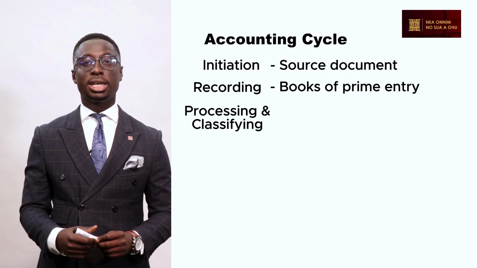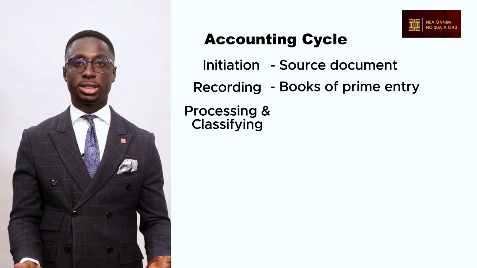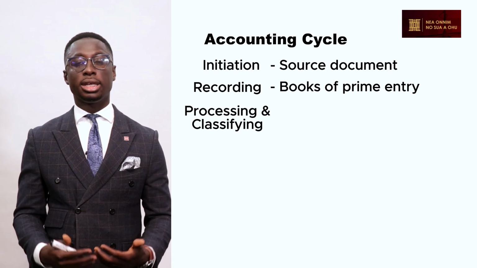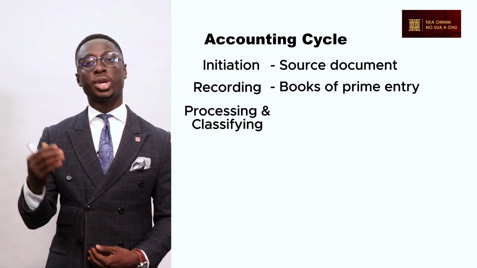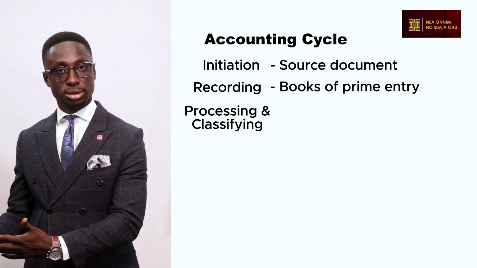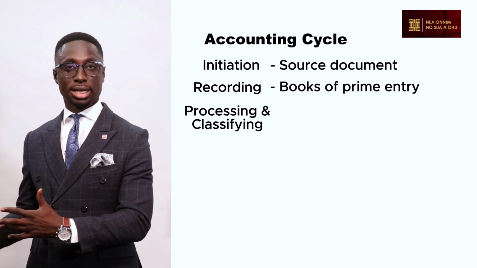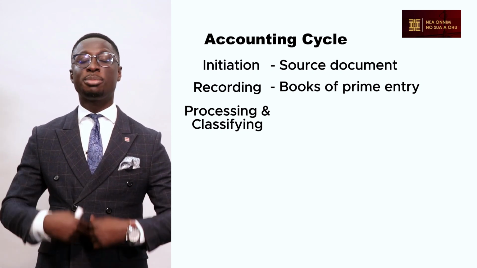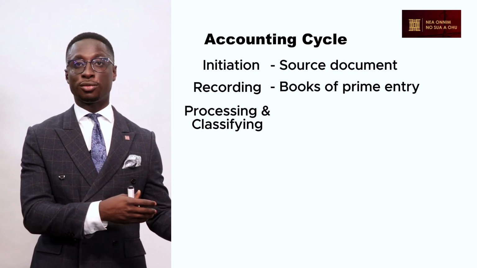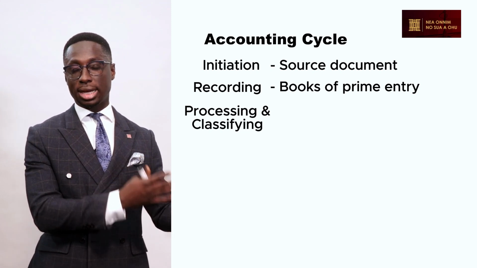So for instance, if you buy an asset and you make payment for it to the tune of, let's say, 1,000 Ghana cedis, it is important that you record that transaction in the asset account. The asset that you bought, you record the transaction in that asset account. Also, because you made payment for it, you need to reflect it in the account from which that payment was made. So it could be your bank account or your cash at hand account.